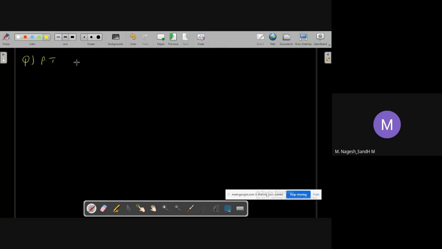Question. Prove that A is equal to the matrix with rows (a plus ic, minus b plus id) and (b plus id, a minus ic) is unitary if a square plus b square plus c square plus d square is equal to 1.